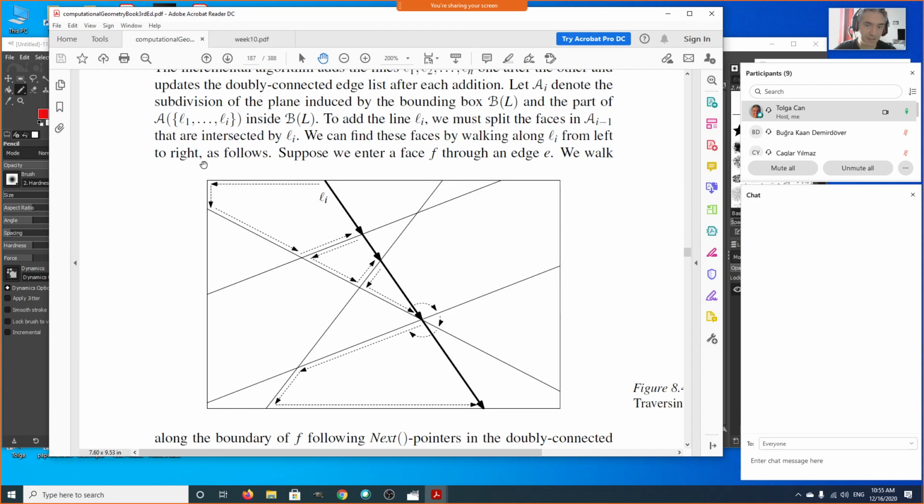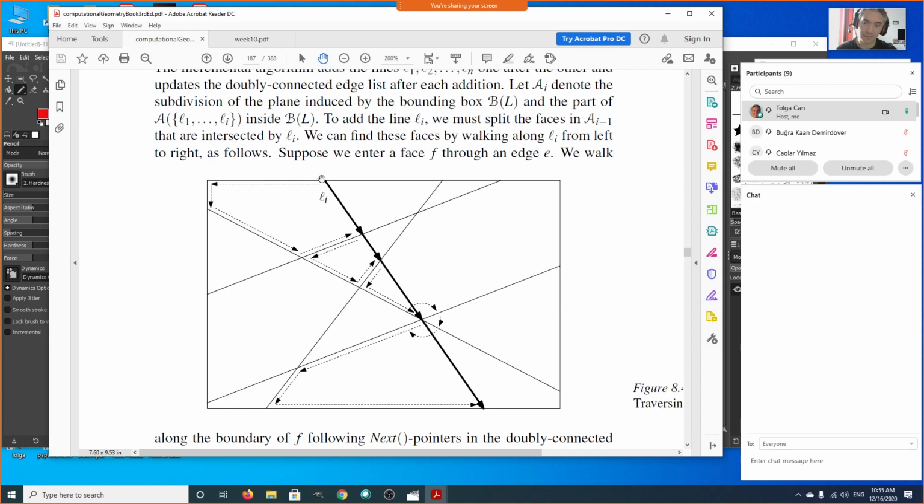Our algorithm will start with an empty bounding box, no lines inside it, with 4 edges. We will have the doubly connected edge list of that bounding box only. Then for each line, we are going to process that line by finding which faces it affects.